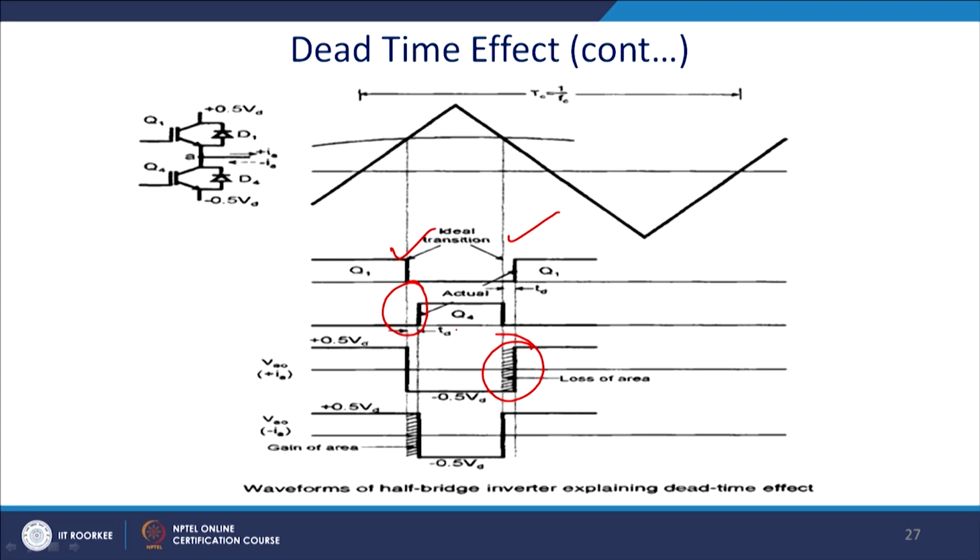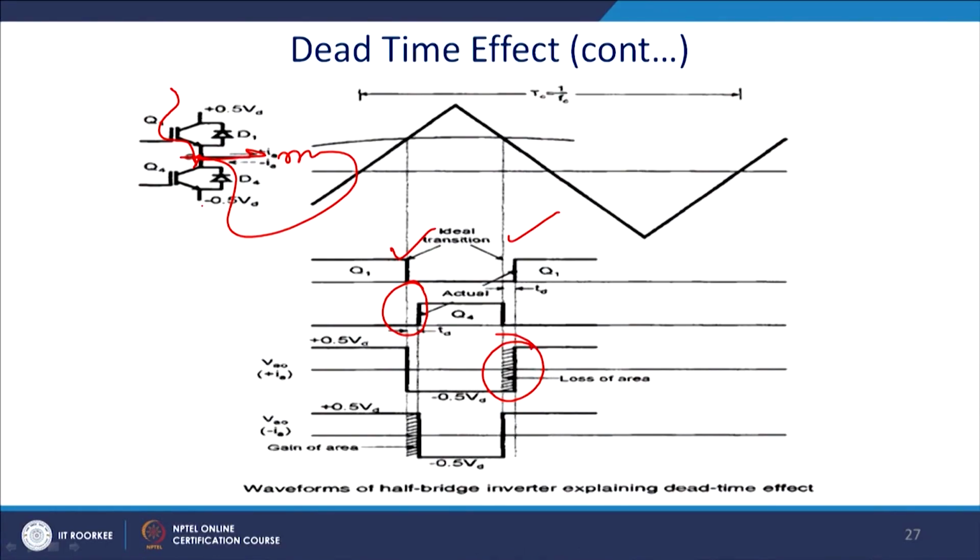Why? Because we require to see what mode of conduction is going on. In the positive half cycle, current was flowing like this, and when it turns off, there is a load, and thus the diode starts conducting within the blanking time. So, assuming that this is the direction of the current for the positive case.